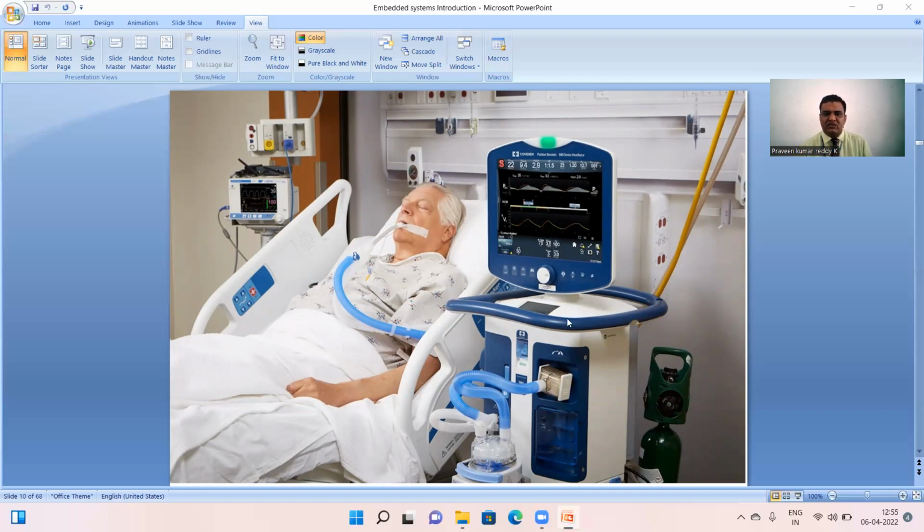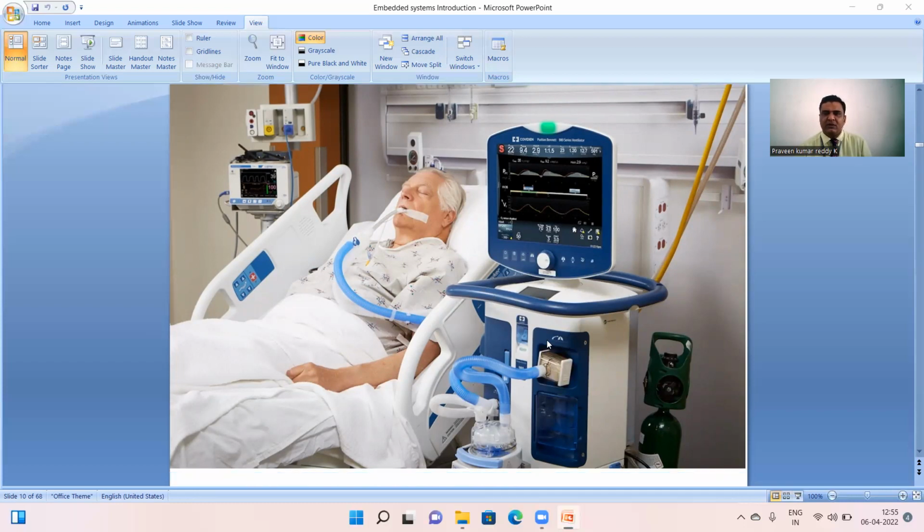So this is again a critical life-saving system, and it should not fail at any cost. If something goes wrong in the system, the patient will die, because this is giving the artificial breath to the patient. So this is another example of a real-time embedded system, a critical application. So that is why the name came as real-time embedded system.